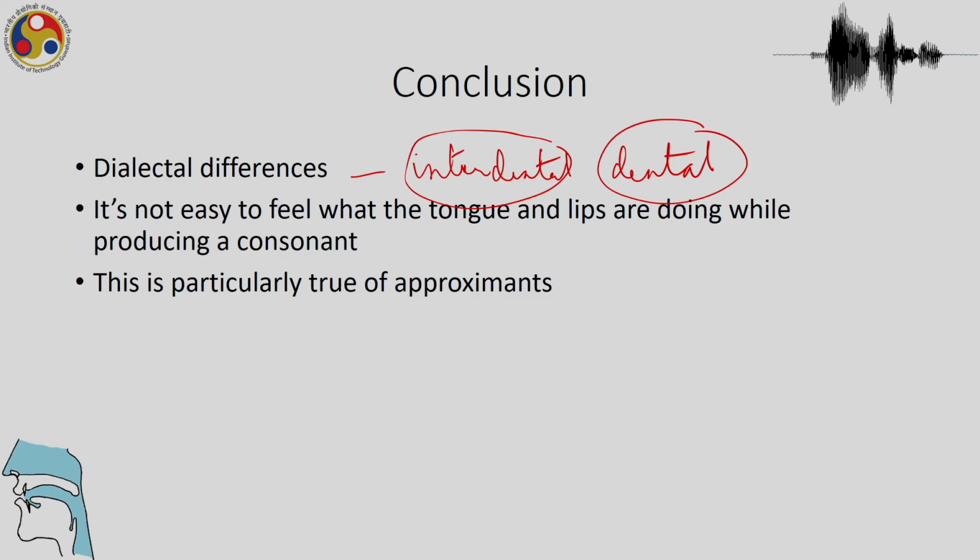It is known that in American English you would find more interdental productions than in British English, which would normally be dental. So that was with regard to the two dental fricatives in English.